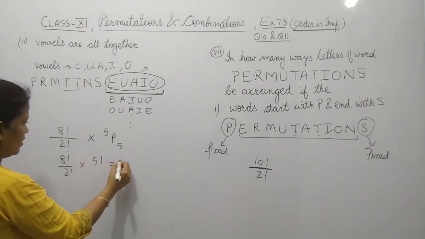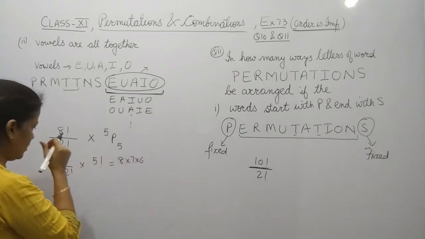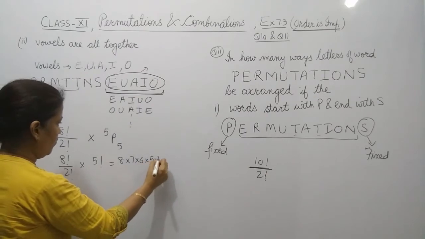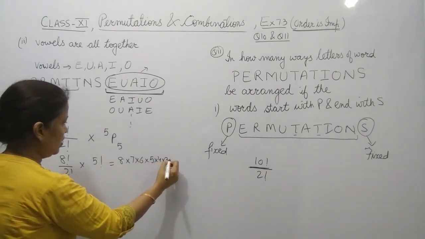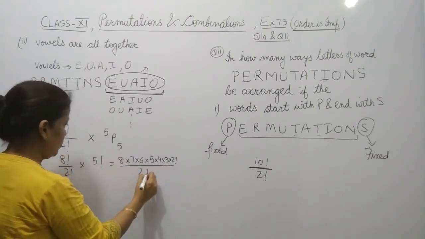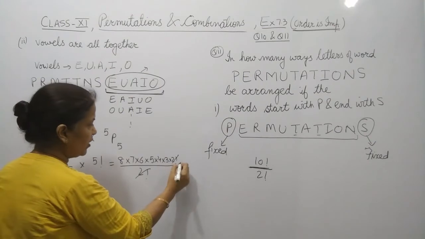Solve it. So 8, 7, 6, then 5, 4, 3 and 2 factorial, and this is also 2 factorial, cancel, and one more 5 factorial is there.